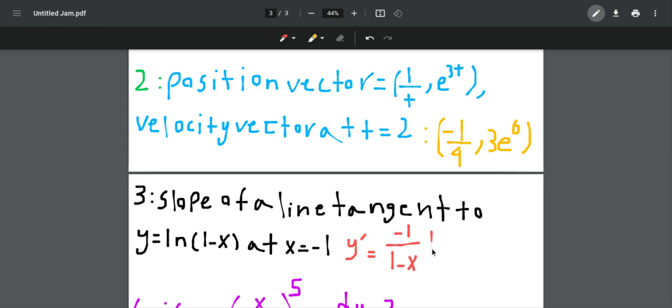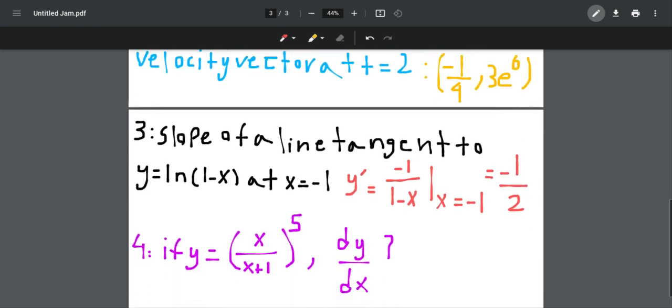Now we should evaluate this at x equal to negative 1. When we evaluate it, we get negative 1 over, and then 1 minus becomes 1 plus, 1 plus 1 is just 2. So the slope of the line tangent to y equals natural log of 1 minus x at this given point is negative 1 over 2.